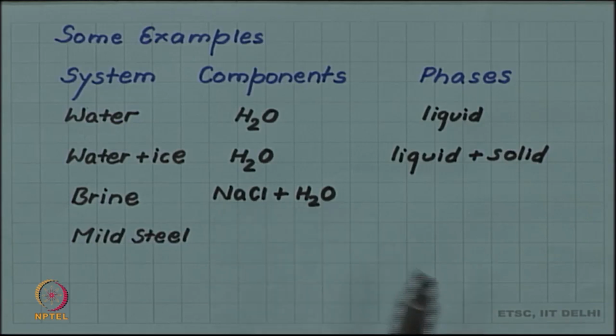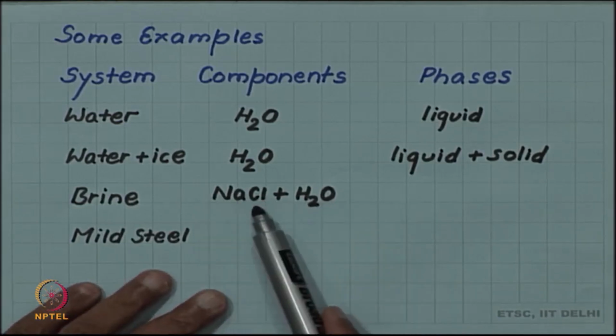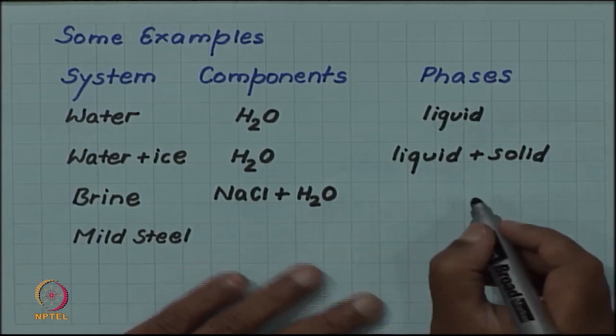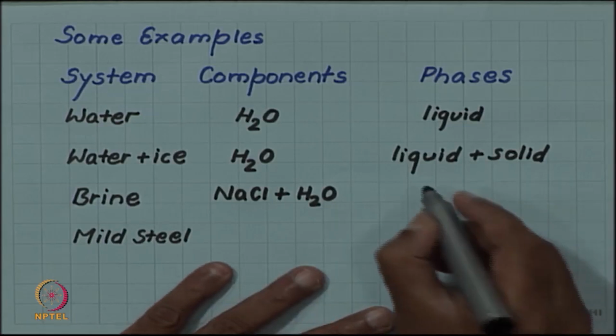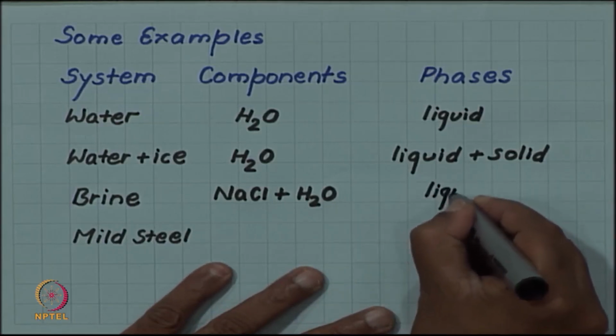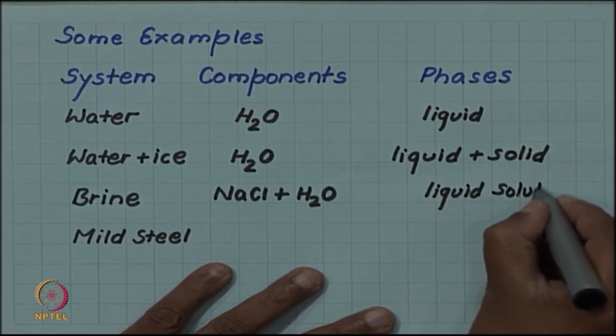So, it is not a 4 component system, it is a 2 component system in which you can vary sodium chloride to water. So, it is a 2 component system, but the whole thing is one single solution. So, you have a single liquid phase, which is a liquid solution.